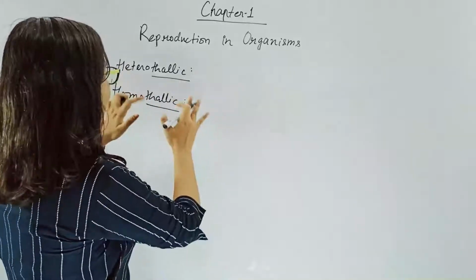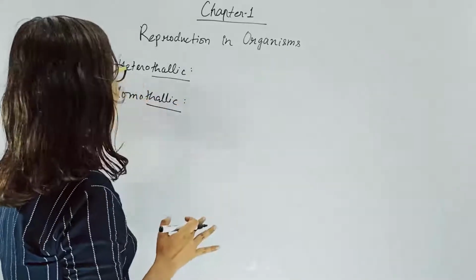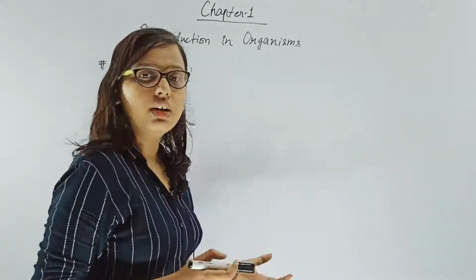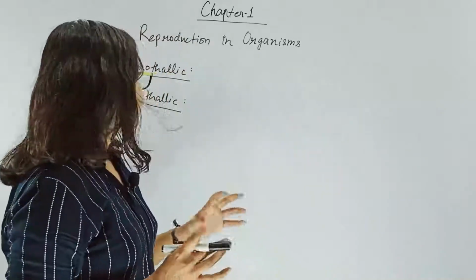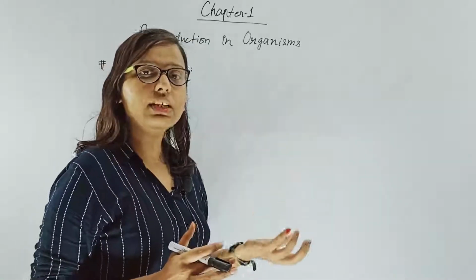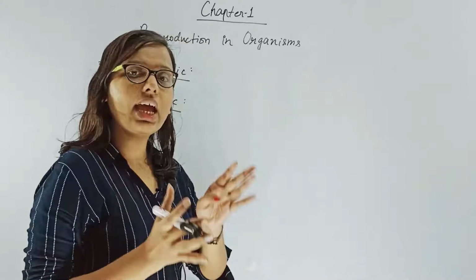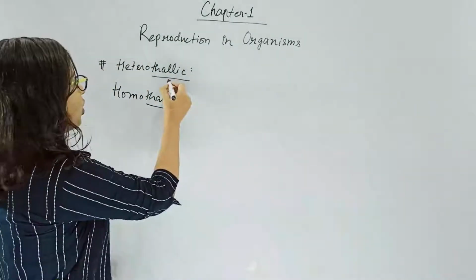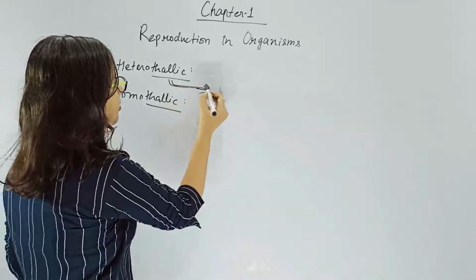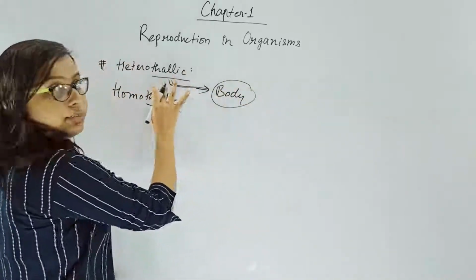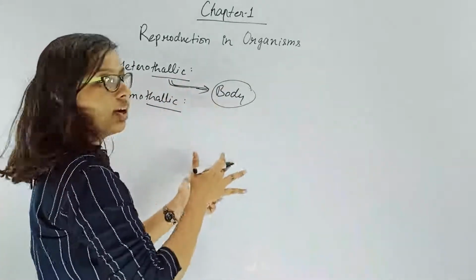So what is heterothallic? Basically in some fungi as well as few lower plants, one plant body produces both the gametes. Before that, just know that thallic means body. So this thallic term is used for lower organisms.